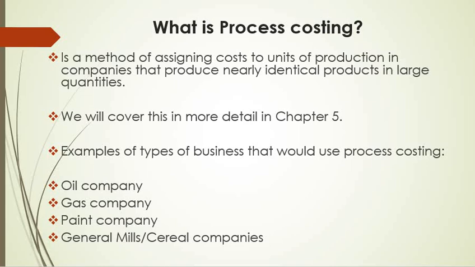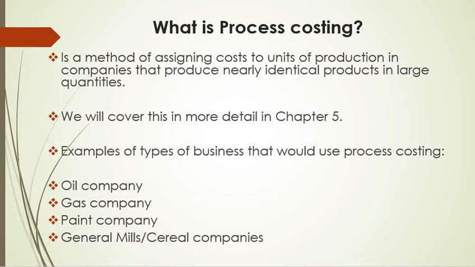Process costing is a method of assigning cost to units of production in companies that produce nearly identical products in large quantities. So they're not going to keep track of it by job. They're going to keep track of it in large quantities. And we'll see in chapter 5 how they will do that.